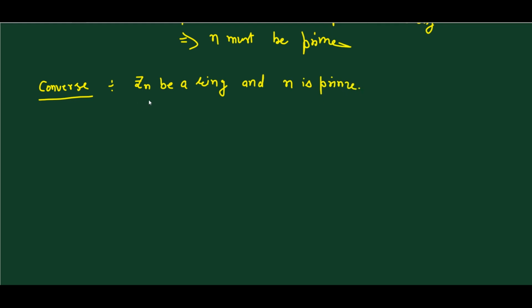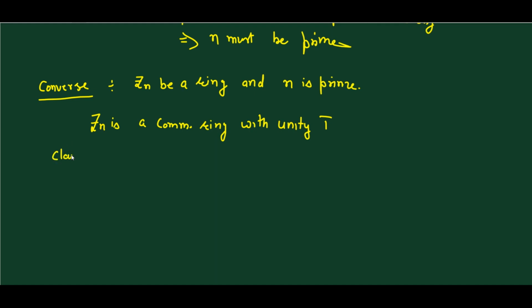You can observe very easily that Zn is a commutative ring with unity, meaning multiplicative identity 1. But we have to show only that every non-zero element of Zn is invertible if n is a prime.